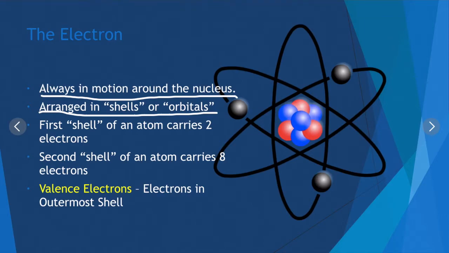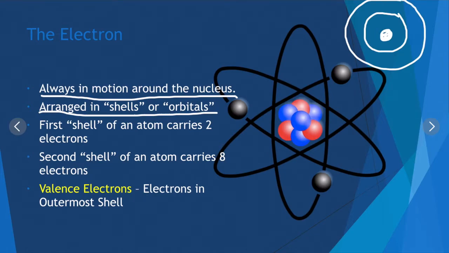In an atom, let's say this is the nucleus, this is the first shell, and this is the second shell, okay? In the first shell, we can have up to 2 electrons, okay? The first shell of an atom carries 2 electrons. In the second shell of an atom, we can have up to 8 electrons.